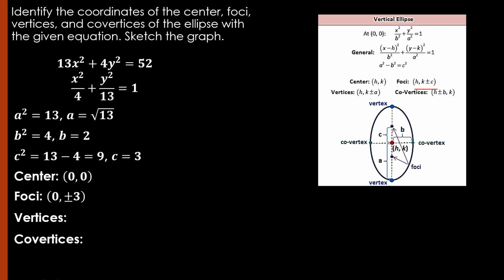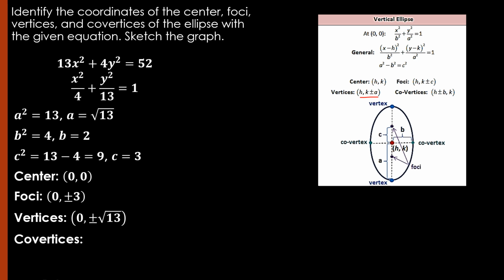For the vertices, we will follow the formula here as shown. So we have h and then k plus minus a. So the value of k is 0 and the value of a is square root of 13. Therefore, the vertices are 0 and then positive, negative square root of 13.